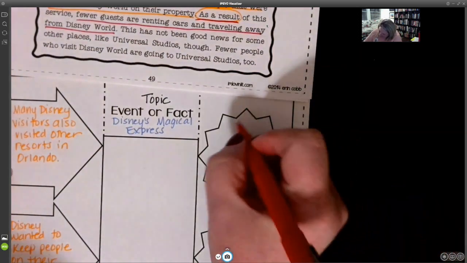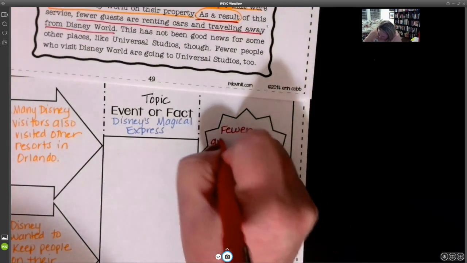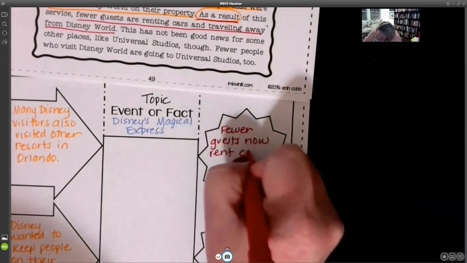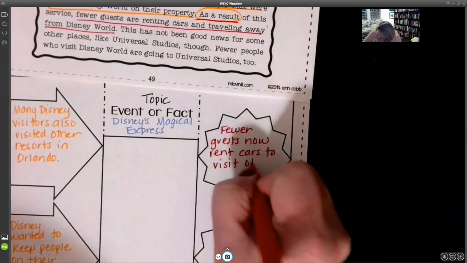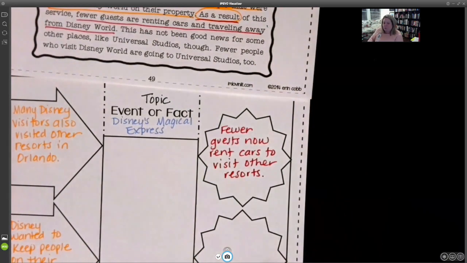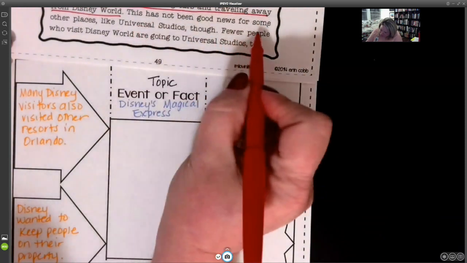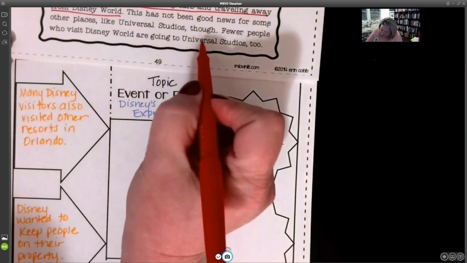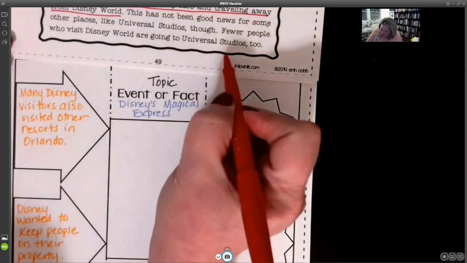So now I can say fewer guests now rent cars to visit other resorts. All right, so let's keep reading. This has not been good news for some other places like Universal Studios, though. Fewer people who visit Disney World are going to Universal Studios too.